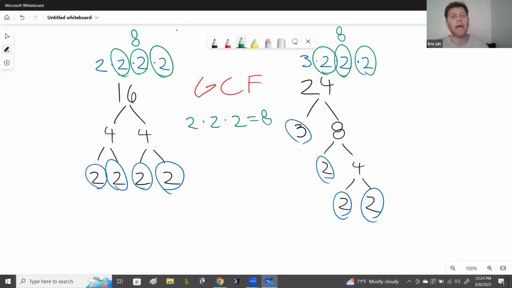And looking at the other stuff, I see that there is nothing else that the two numbers have in common as far as their prime factors go. All they have in common are those three 2s. So that tells me that 8 is the greatest common factor, the biggest thing that fits into both 16 and 24.